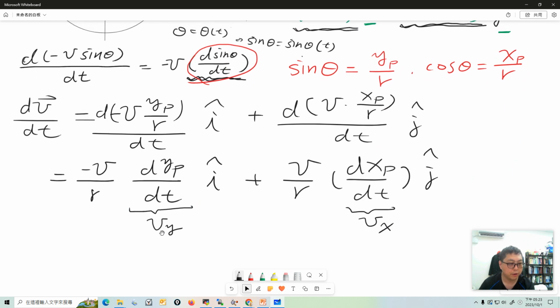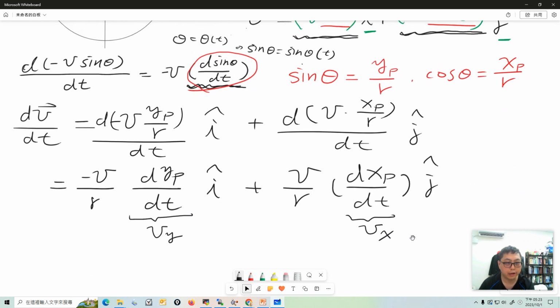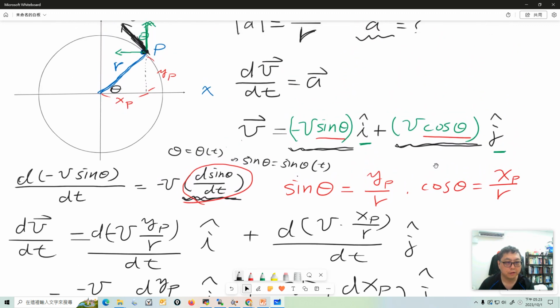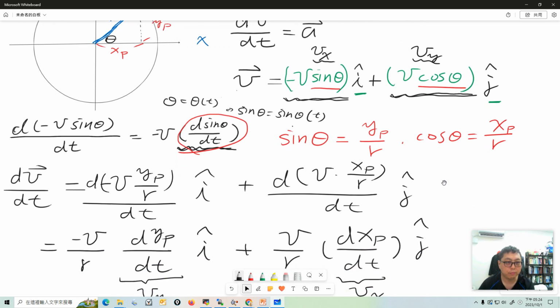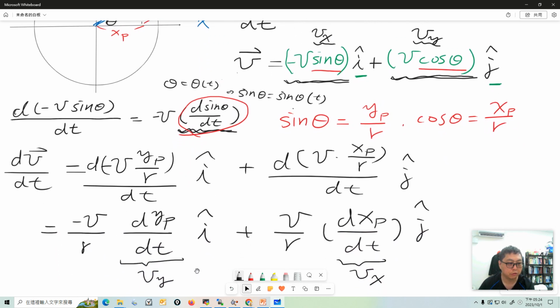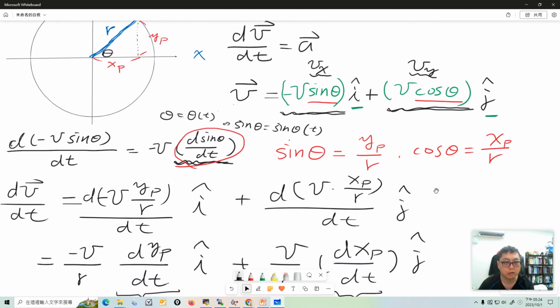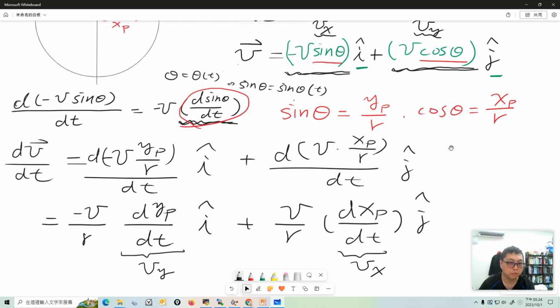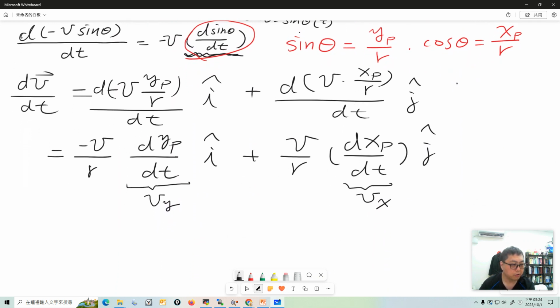And do we have information for vy and vx at the beginning? Yes, we already have this. vy is v cosine theta and vx is minus v sine theta. So we can put this information back in.